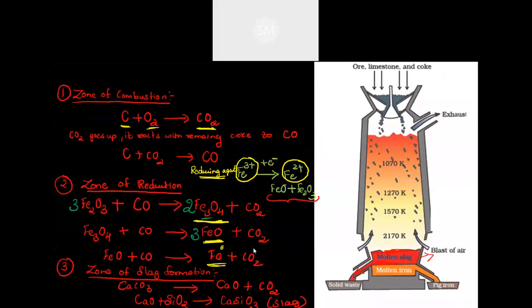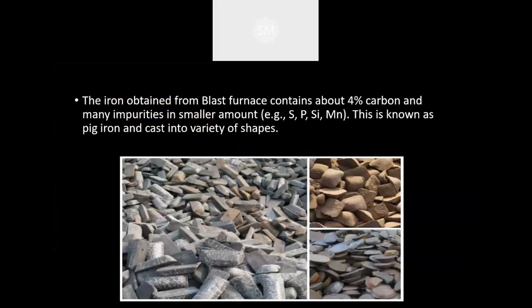Now, these irons are categorized into different types. We call them by different names depending on how much impurity is present in them. The first category you are going to learn is also called pig iron. It's called pig iron because of the impurities present in it.